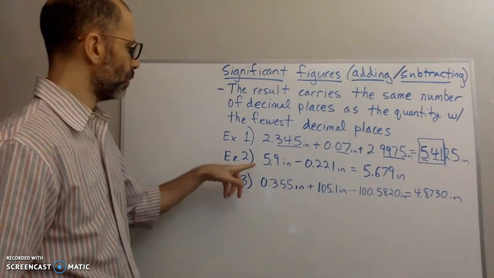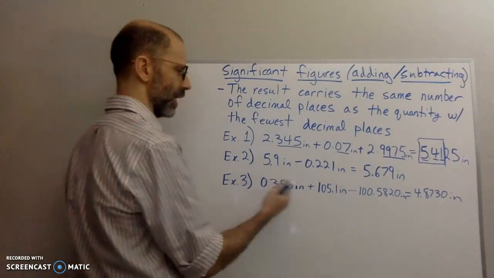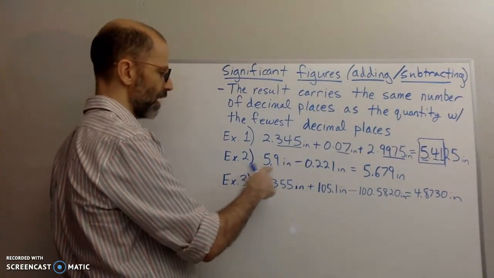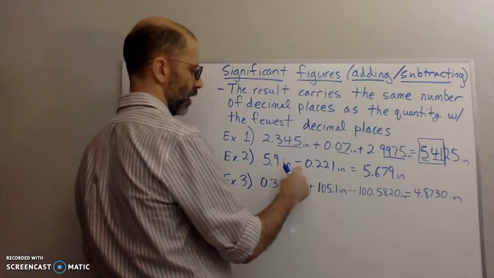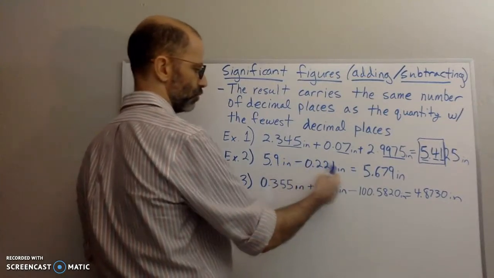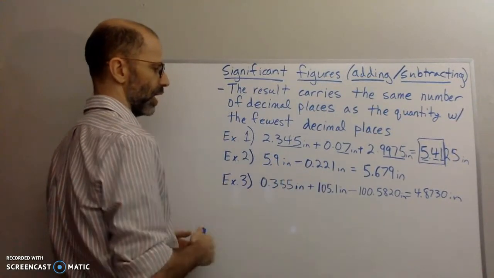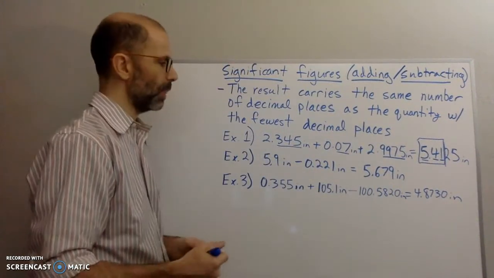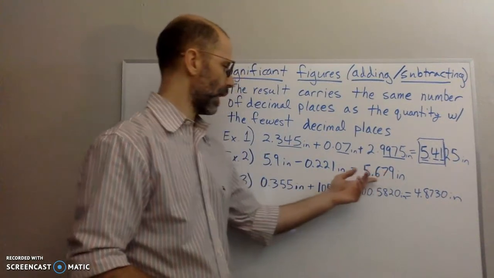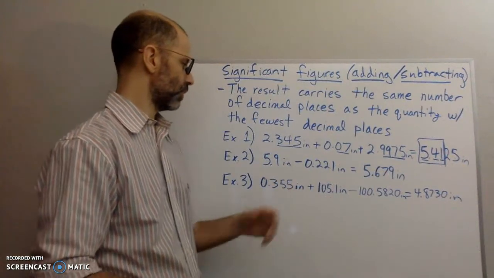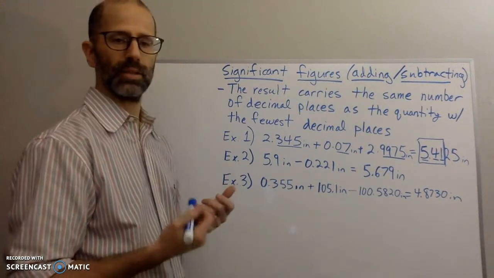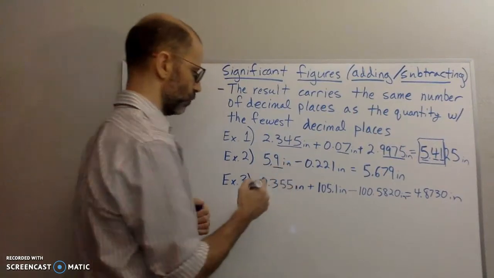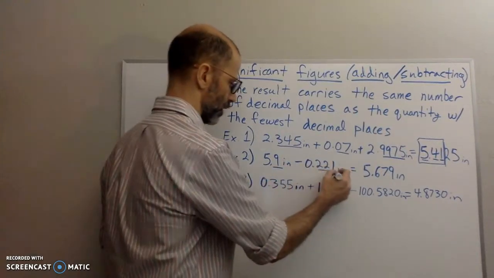Okay. What about here where you're subtracting? Same idea. You subtract 0.221 inches from the 5.9 inches, and then you get this number here on your calculator. Then you figure out, okay, how many of these digits am I allowed to keep? Again, least number of decimal places. This one has 1 decimal place, and this has 3.